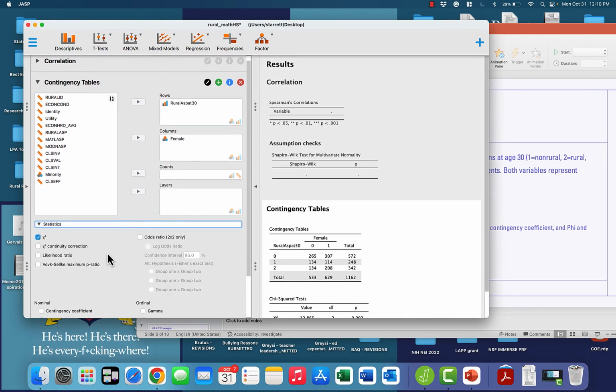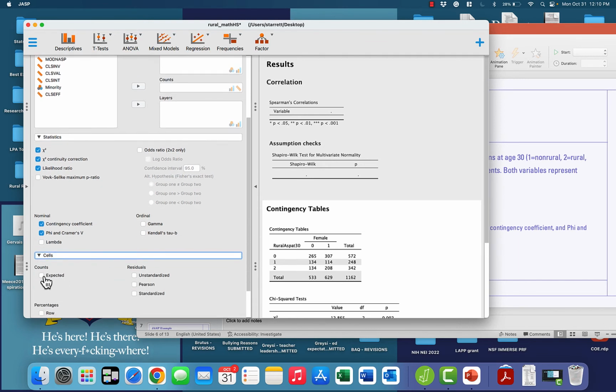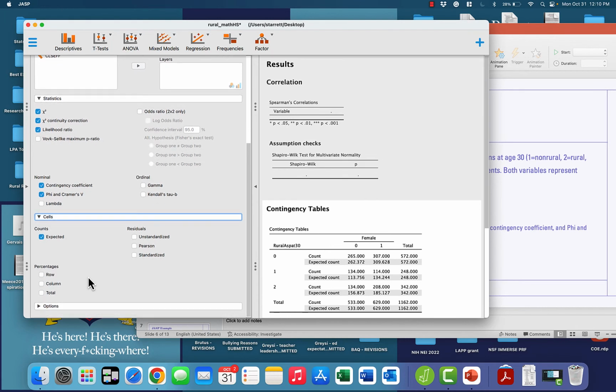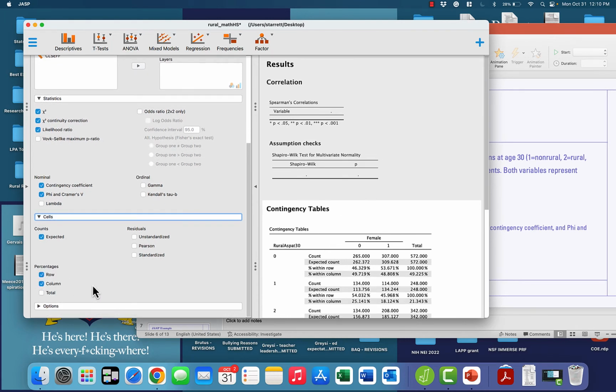Then under statistics, we're going to check chi-square continuity correction also, as well as likelihood ratio. Under nominal, we're going to check contingency coefficient and phi and Cramer's V. In cells, we're going to check expected. And for percentages, we want row and column.